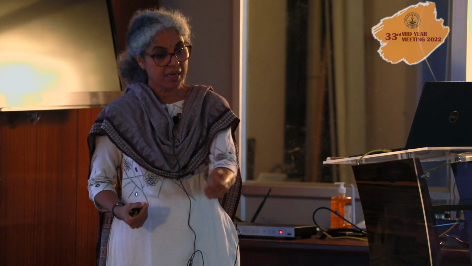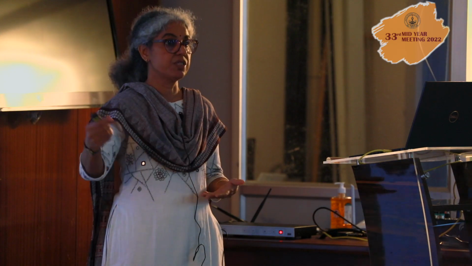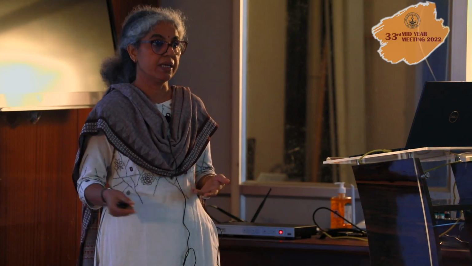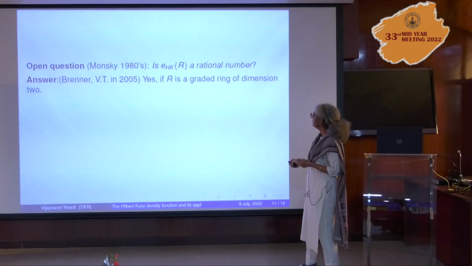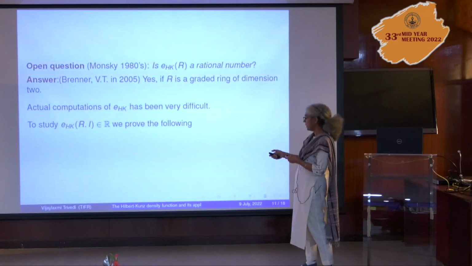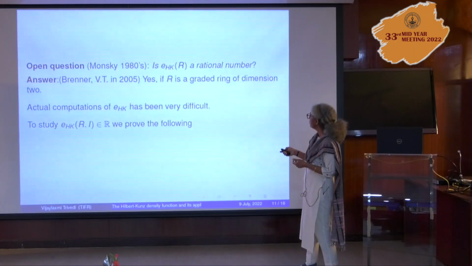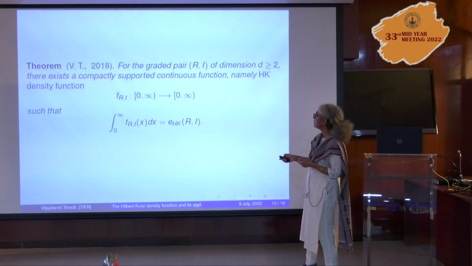People tried feeding it to the computer, and it will tell you some answer at a level n, but it is not giving you the entire picture. I want a picture in the limit case, what happens when n goes to infinity, and that didn't occur. So the way we attacked this question was actually via vector bundles. That's how we got the answer. This is what we approached, and that's why the answer is so late actually.